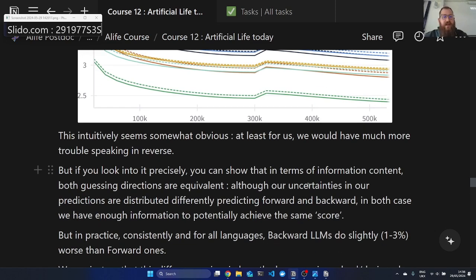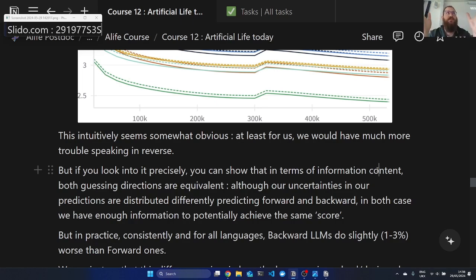But the surprising thing is that if you look at the information content when trying to predict forward versus backward, you can actually prove, and it's a very easy proof you can look up in the paper, that in terms of information content, how much information you have to make your prediction, it is completely symmetric.